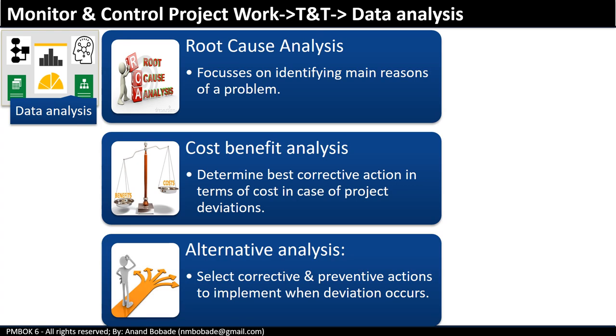Alternative analysis helps select corrective and preventive actions to implement when a deviation occurs. A lot of times when you analyze, you might have multiple options. So those alternatives, multiple options, will give an opportunity for a senior stakeholder to choose among them based upon, of course, again, maybe the cost and benefit.